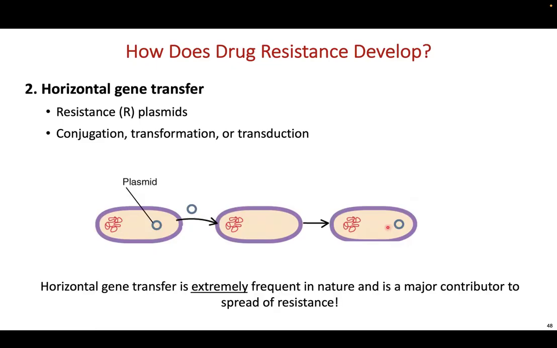This can happen through several mechanisms, including conjugation, transformation, and transduction, as we've discussed earlier on. This kind of antibiotic resistance is more frequent and more popular in nature, and it's a major contribution to resistance compared to the one that we first discussed, which is the spontaneous mutation occurring from DNA replication.